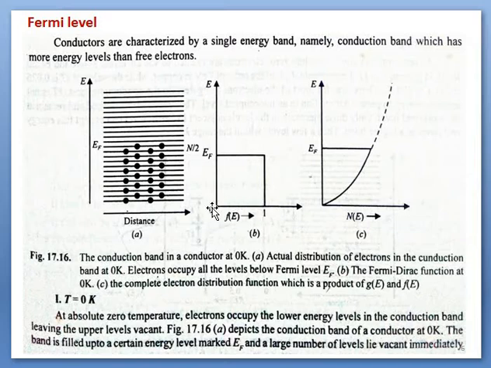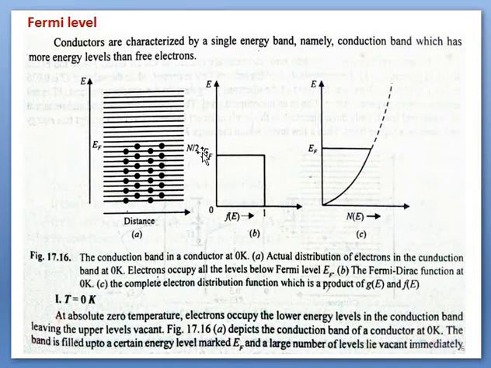See here, by increasing energy, Fe is 1 till Ef. When E becomes Ef, afterwards there are no electrons. So till E equal to Ef, Fe equal to 1, and then afterwards there is no electron, because of it suddenly reduces to 0.